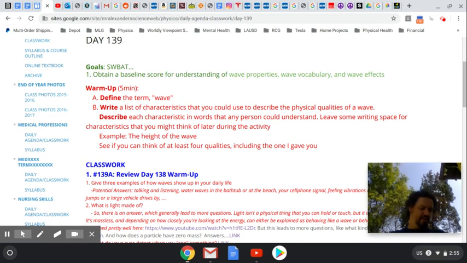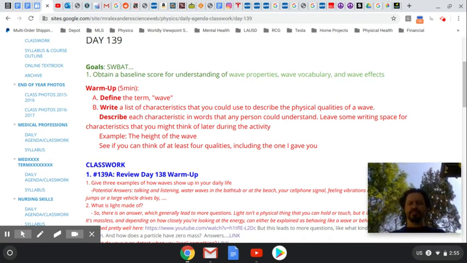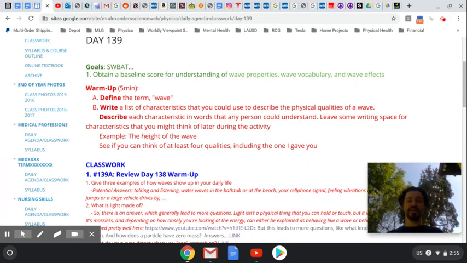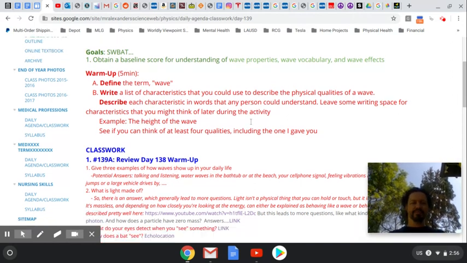So we've got a length dimension, a height dimension, maybe how fast they occur, like how quickly they move, their speed, how often they come by. Some waves only come by every once in a while. Some come by very rapidly. If you ever watched a speaker on a stereo system and you watch it vibrate, for different types of sounds, it moves slowly. For others, it moves really fast. So, lots of different things you could think of there.